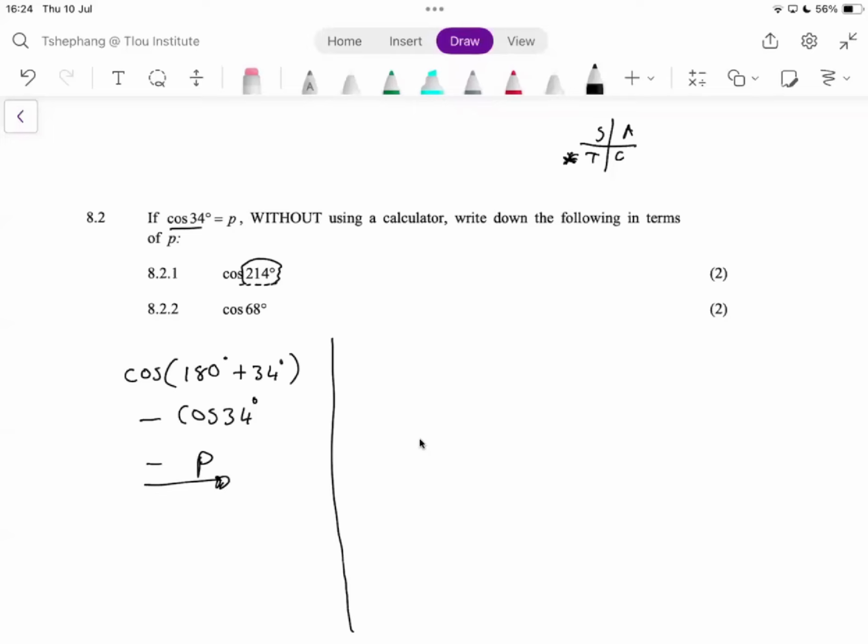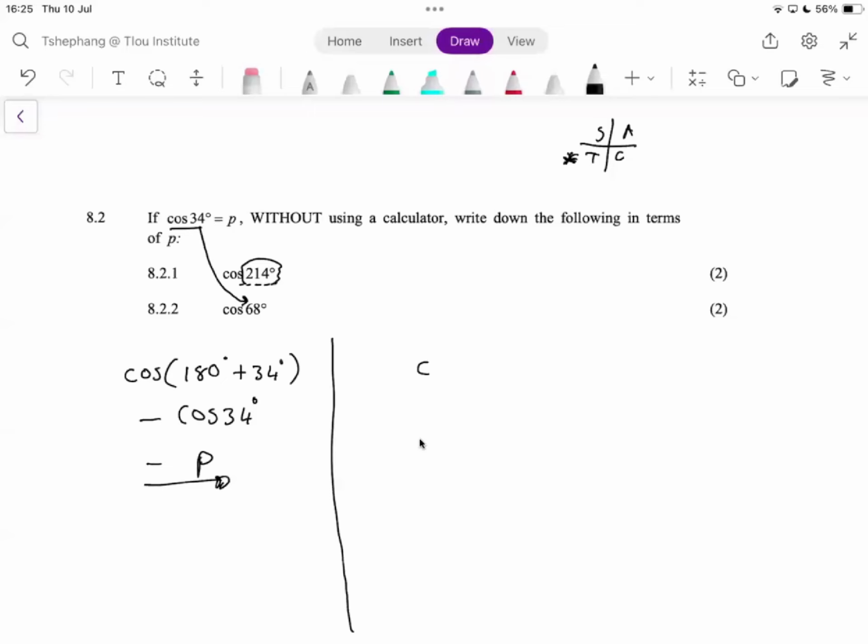Okay. Because we're dealing with 68 degrees, we need to establish the relationship between 34 and 68. There's always going to be some sort of relationship, right? It's either you can create a cofunction or you can have a double angle. Now, this is a double angle. So 34 is half of 68.